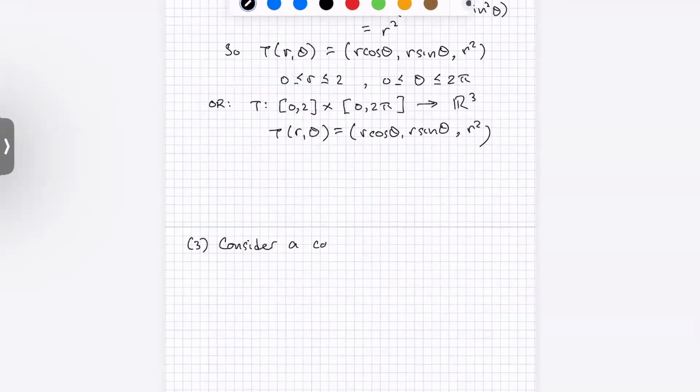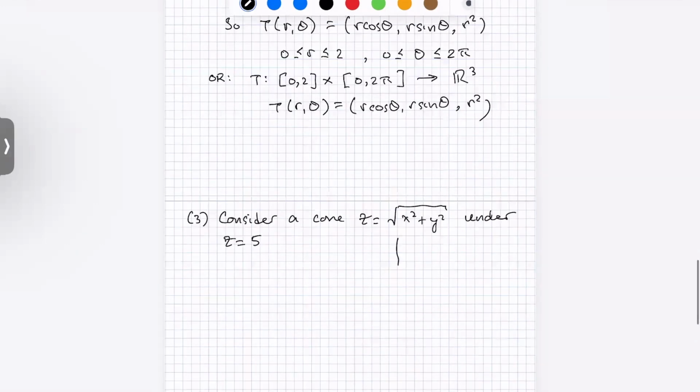Consider a cone given by z equals square root of x squared plus y squared, underneath, say, z equals 5. In this case, I have a cone. It looks like this.